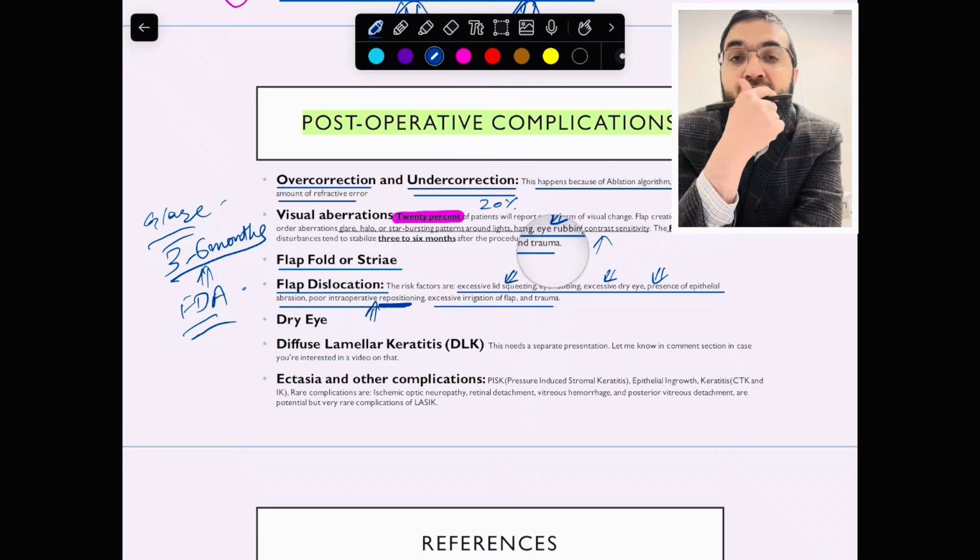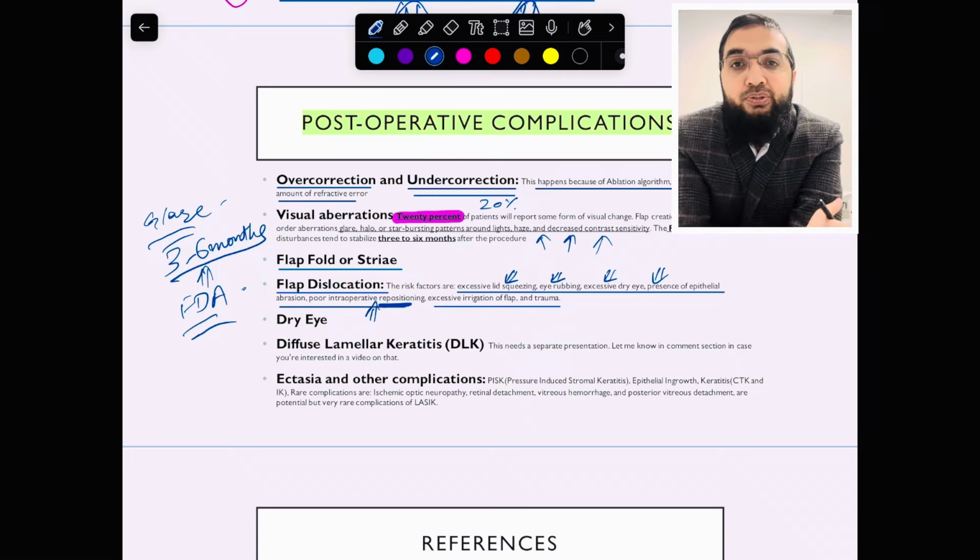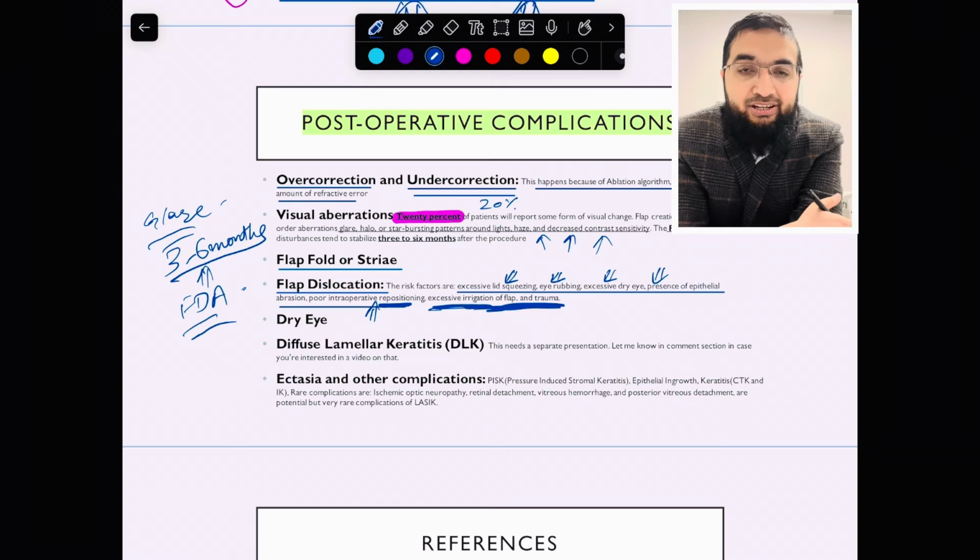When we are repositioning the flap, we make sure we have a good repositioning. If it's poor, it can lead to flap dislocation. Excessive irrigation of the flap during the procedure can also lead to flap dislocation, or sometimes trauma. Trauma after the surgery is not good. If you got trauma and you're still seeing well, you're lucky, but make sure your surgeon is aware of that.